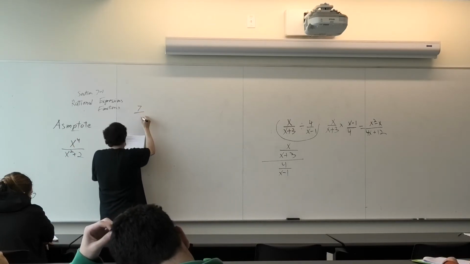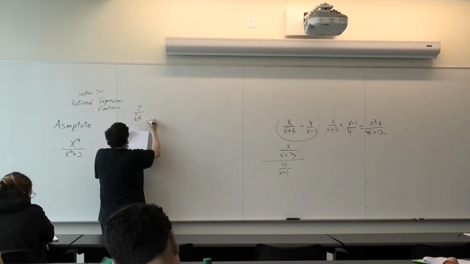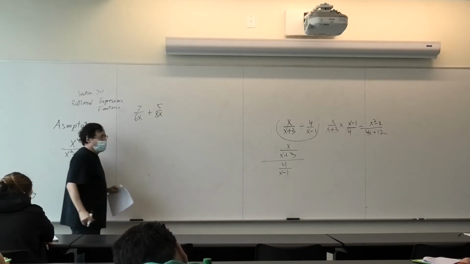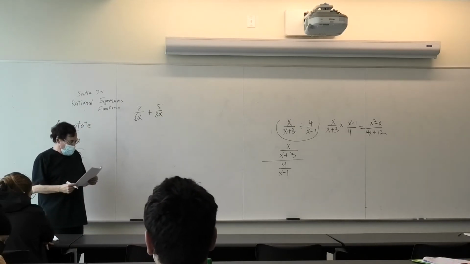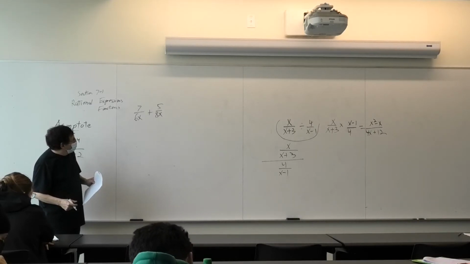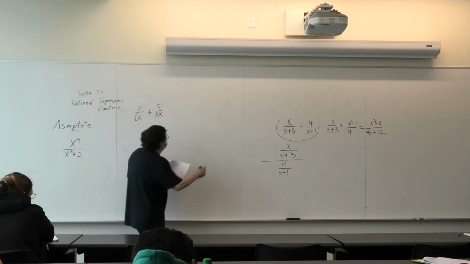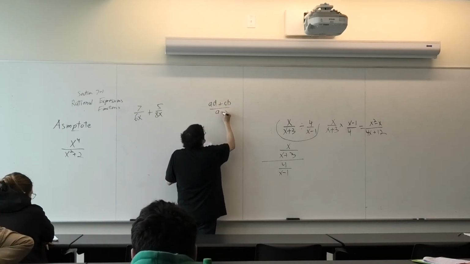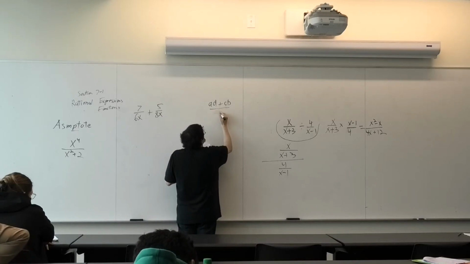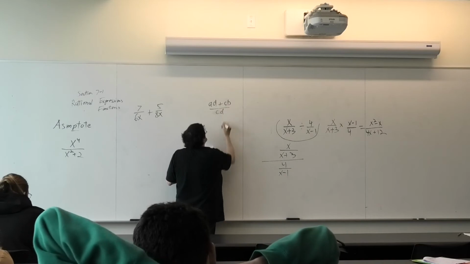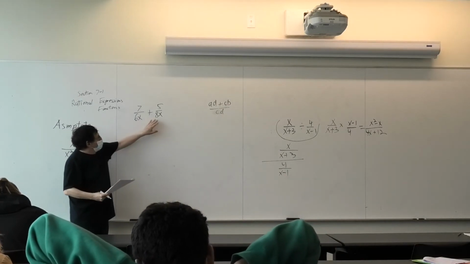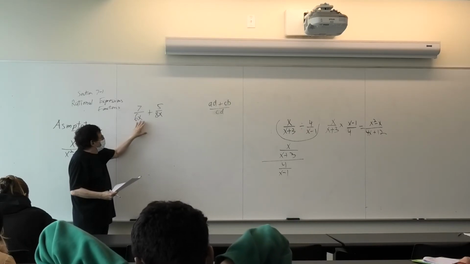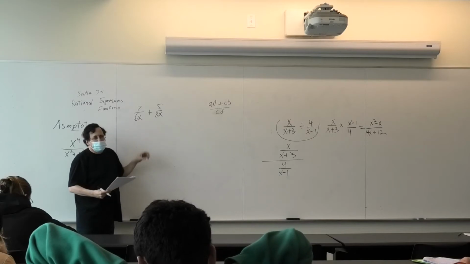If I had 7 over 6x plus 5 over 8x. Well, I could use that formula, AD plus CB over CD. But that would involve multiplying these two together and ending up with an x squared, which we don't really need.